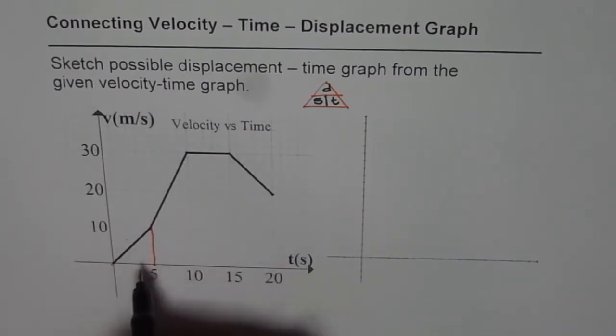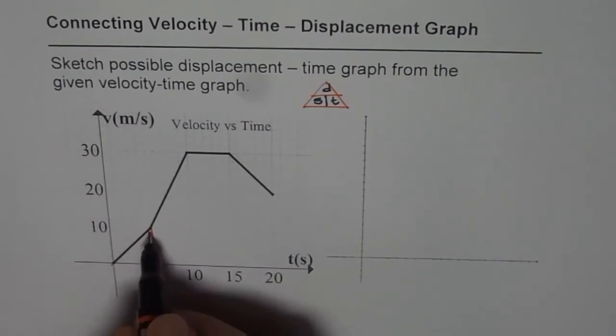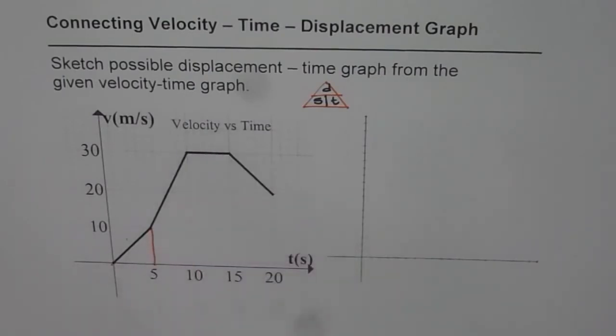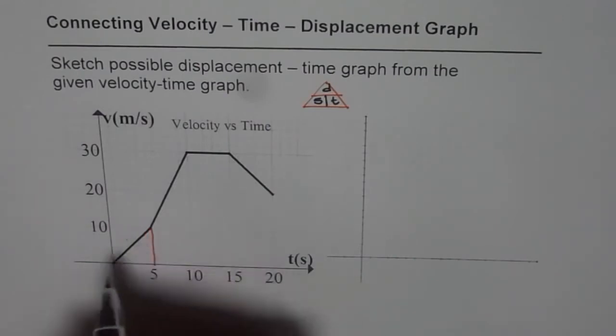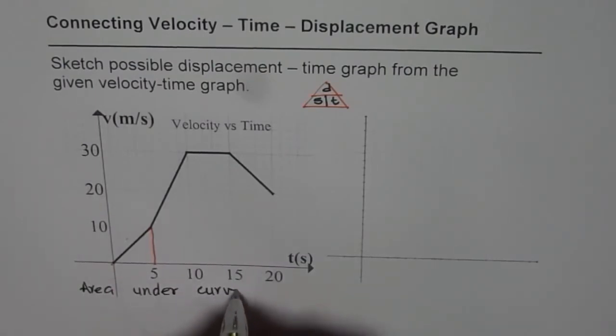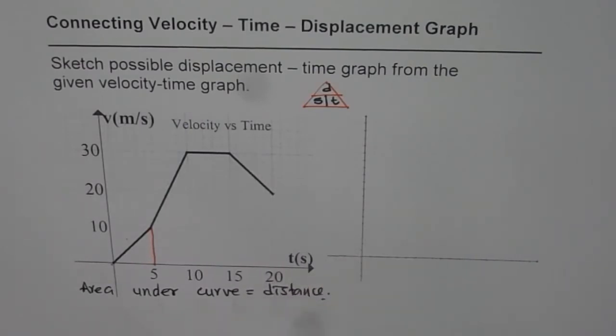Well, there's an alternate way to find the answer, and that is by finding area under the curve. Area under velocity graph gives you displacement, I should say absolute value of displacement will be distance. So area under curve equals to distance. And when we are talking about displacement, we'll think about direction, right?